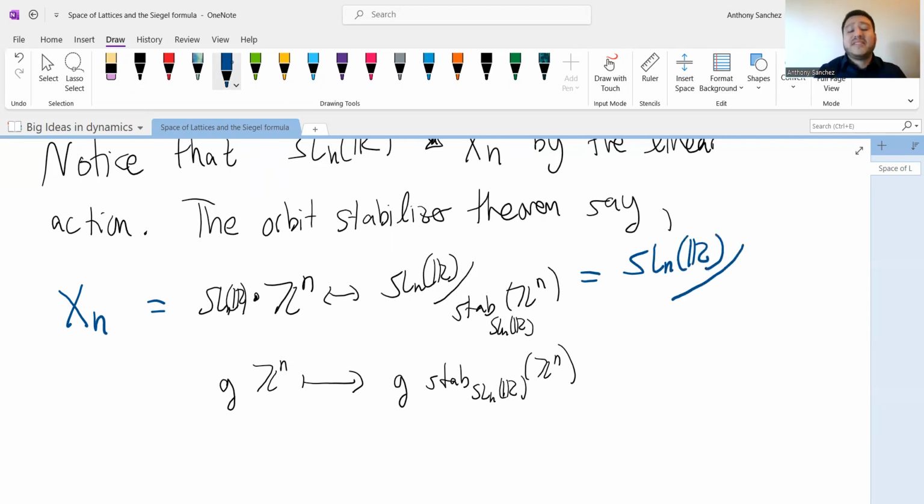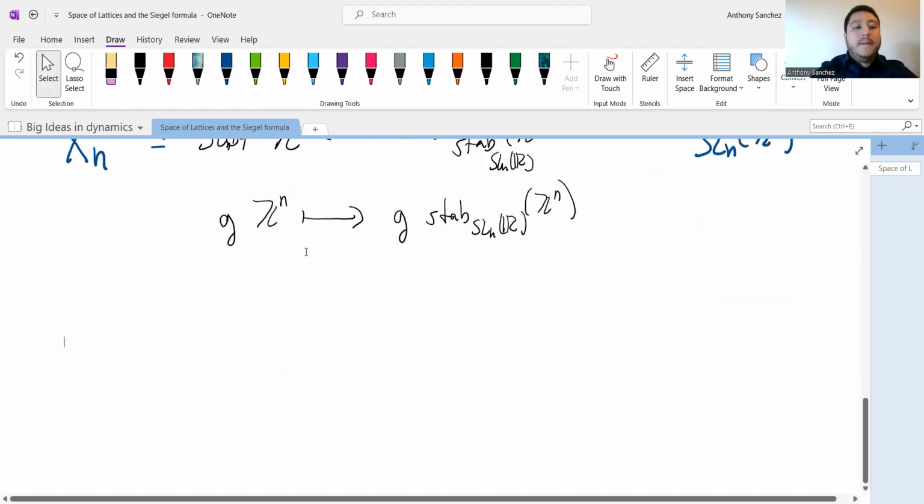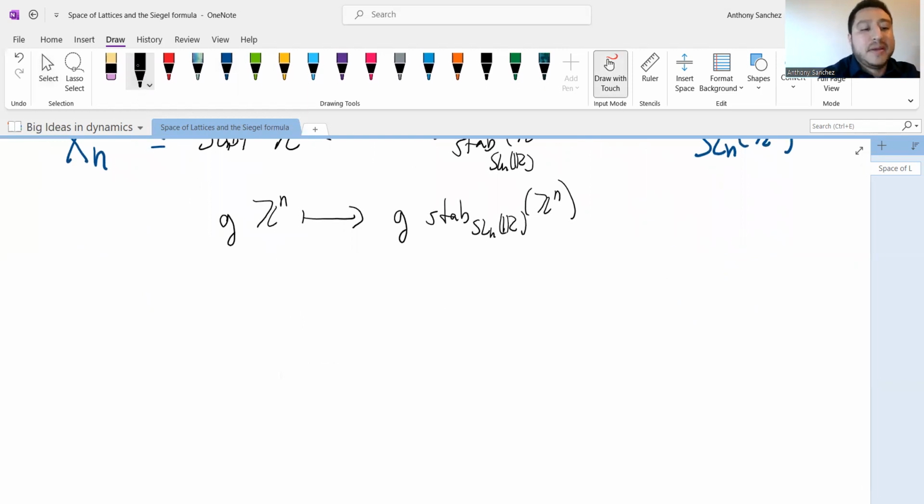It's not a very difficult exercise to see that if I want to keep these grid points at integer points, then I better only multiply by elements inside of SL_n(Z). And in fact, all of SL_n(Z) is going to preserve this integer lattice, which is to say that the stabilizer is SL_n(Z). And this is what I mean by we can identify the space.